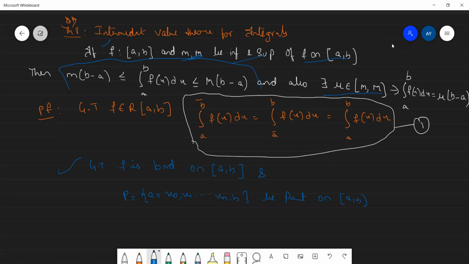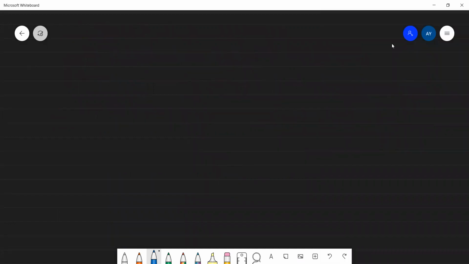Now we have taken the function and defined the partition. Now we have to take the infimum and supremum. Let m, M be the infimum and supremum of f on [a, b]. As these are infimums and supremums, we have to define the rth subinterval.